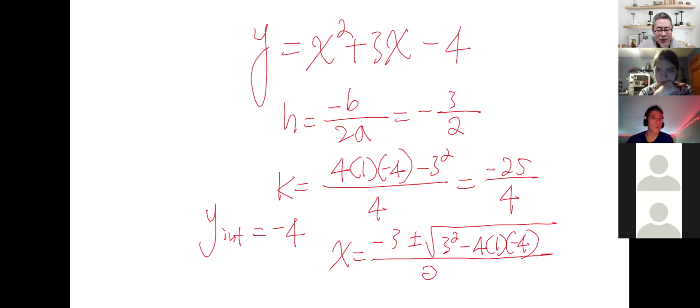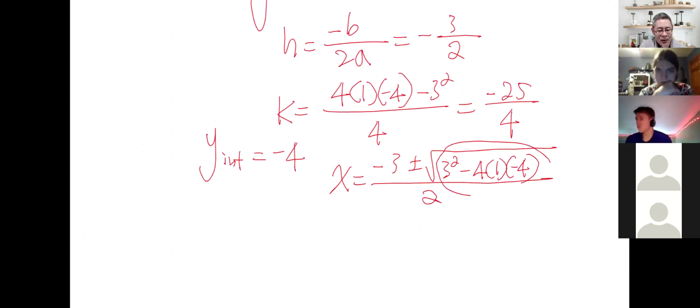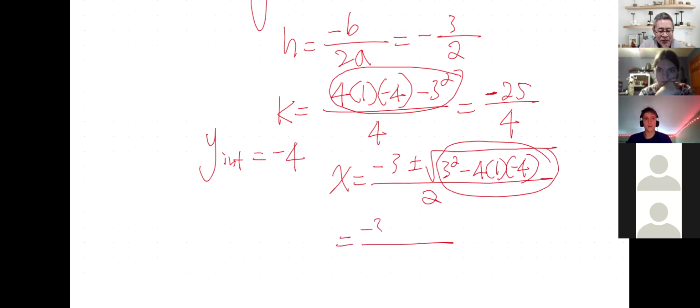So therefore, we got negative 3 plus or minus the square root of 25 over 2, and the square root gave us 5 over 2.